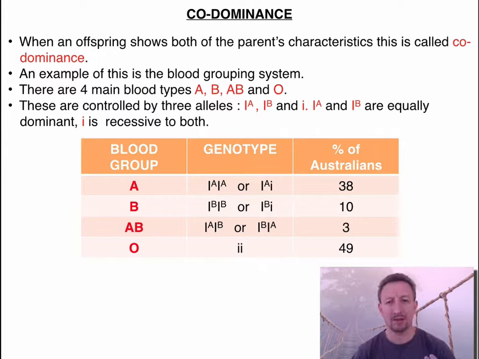If you're blood group A, then you can only be given A. If you're B, you can be given B, or you can be given A and B.